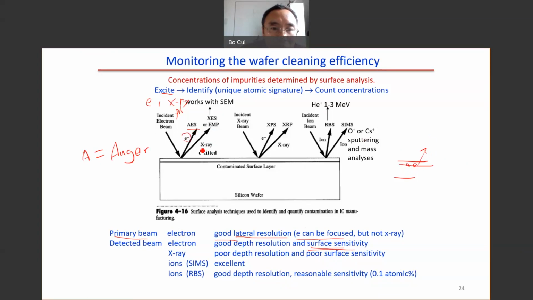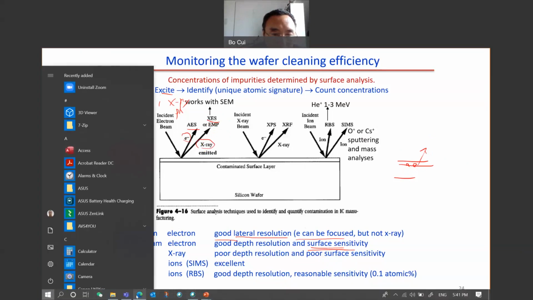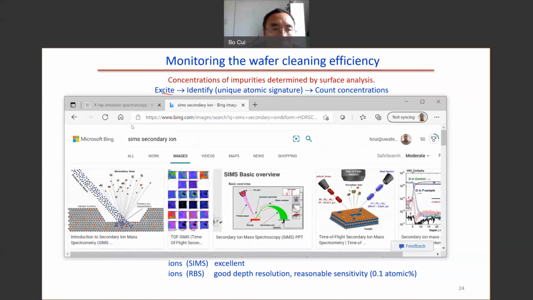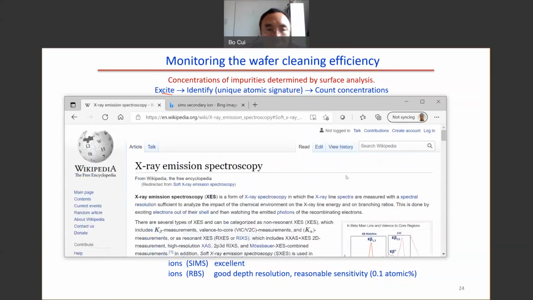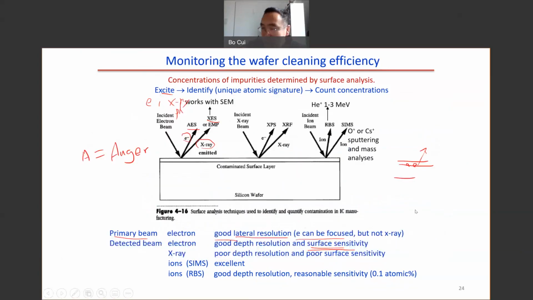We can also detect X-ray. This is called XES, X-ray emission spectroscopy. A third one, we can also do the EDX.